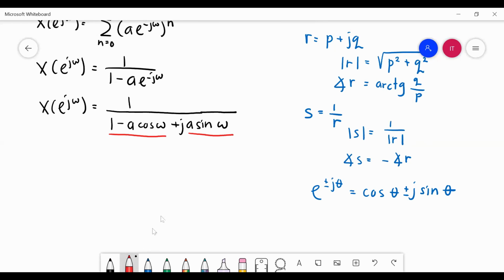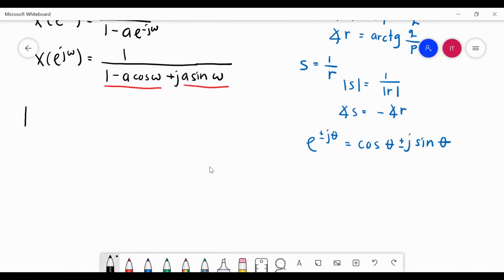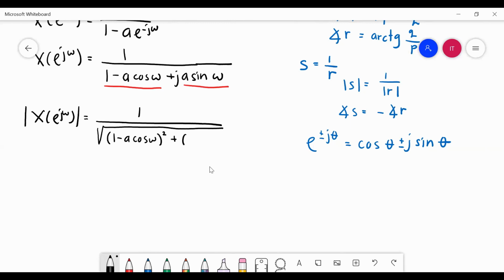Now, to calculate the magnitude, we can use this equation here, and we have the real part squared plus the imaginary part squared.